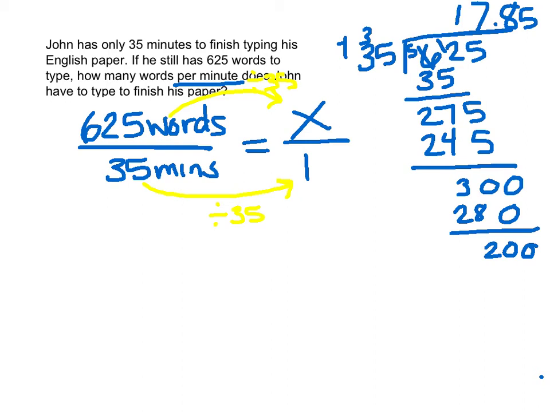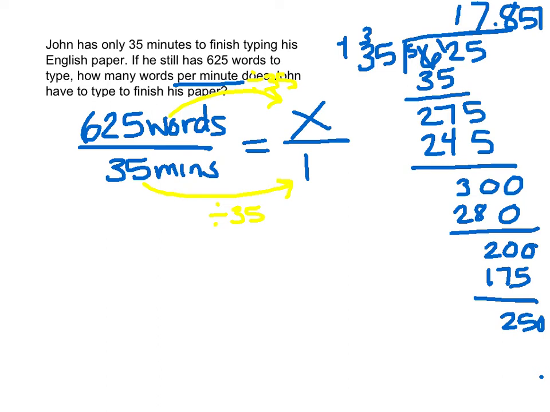Okay, so we might want to take it out one more place value. So 5 times 35 is 175, which we get a 25, and bring down a 0. So we need one more place. So 250 divided by 35 goes in 7 times.